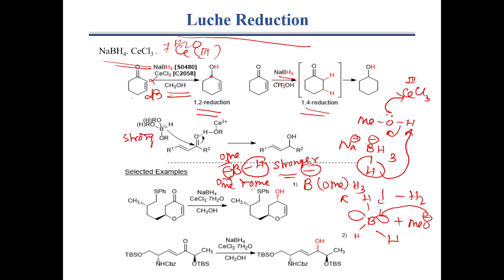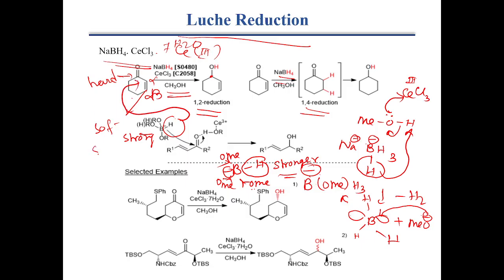So we all know in the case of an alpha beta unsaturated ketone, this position is soft and this position is hard. As the methoxide ion makes the sodium borohydride compound very hard, it will react at the 1,2 position.